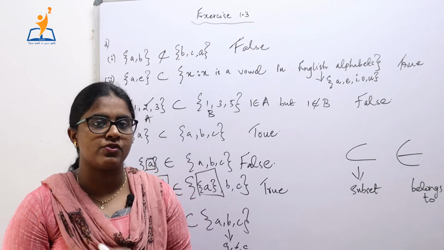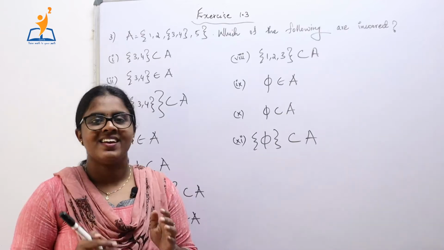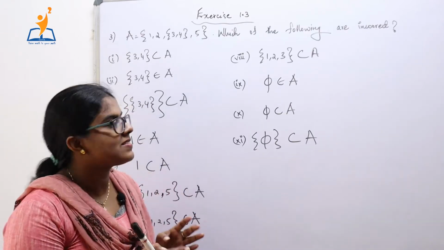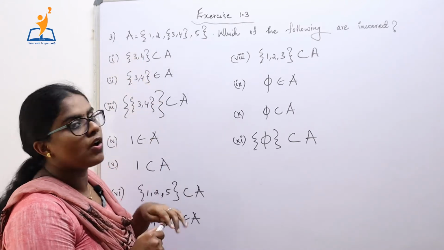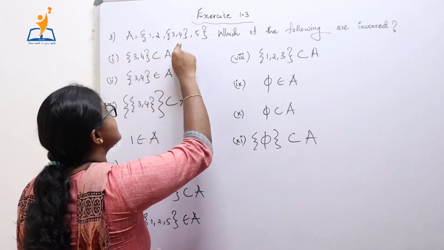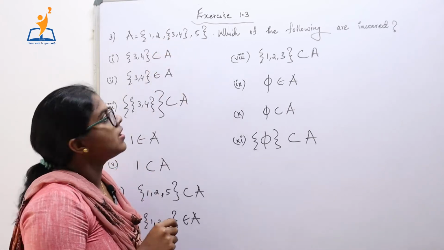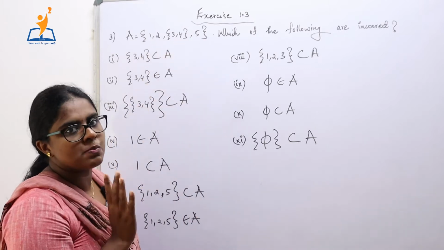Now we shall move to the next question, that is third question of exercise 1.3. Now question number 3 is this. We have been given the set A, and the elements of set A are 1, 2, set 3, 4 and 5. We have 1, 2, 3, 4 elements in this particular set.